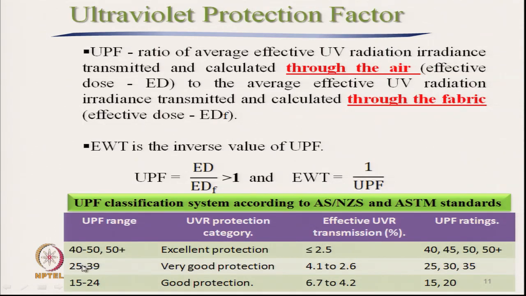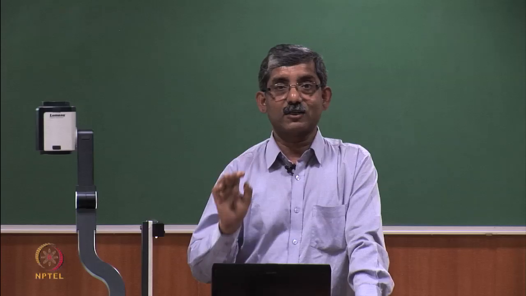If it is 40, if we calculate, it will be 2.5%, that means 40 times. So, UPF ratings are 40, 45, 50, 50 plus like this, more than 50. So, only 2.5% radiation is getting transmitted through fabric.